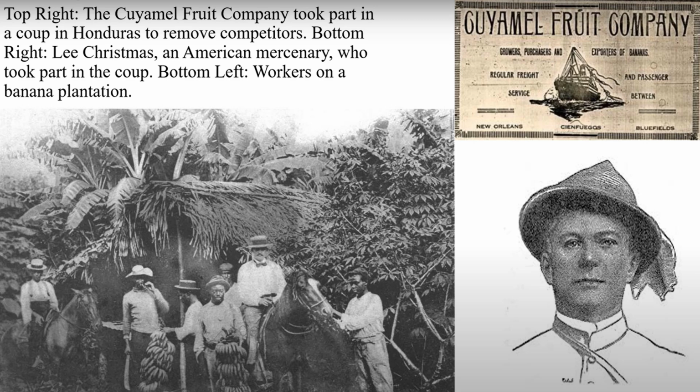The Honduran government had a problem paying its foreign debts, and the United States did not try to stop what Lee Christmas was doing. These actions gave rise to the term "banana republic," in which a developing country has its economy and politics significantly influenced in a very corrupt manner by foreign businesses, especially fruit companies.